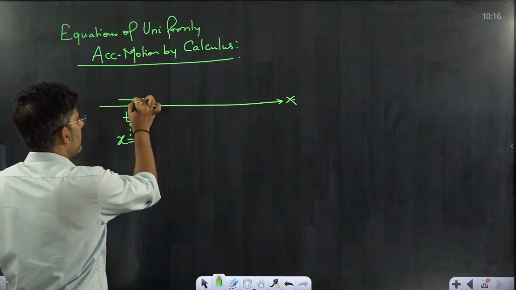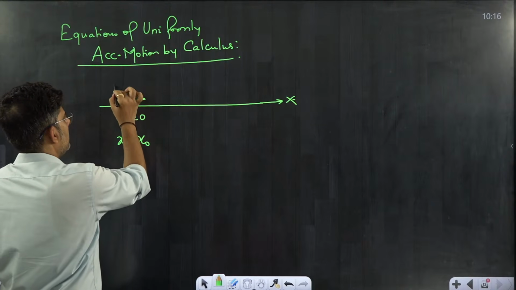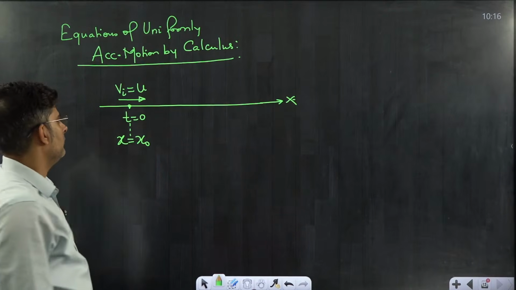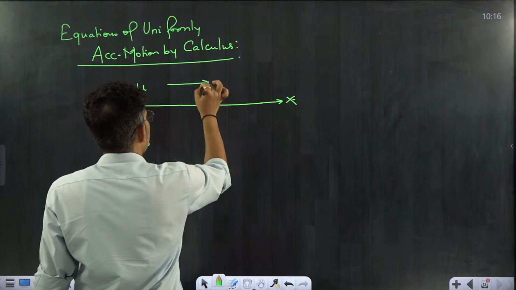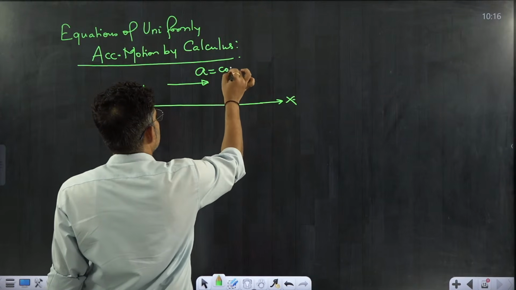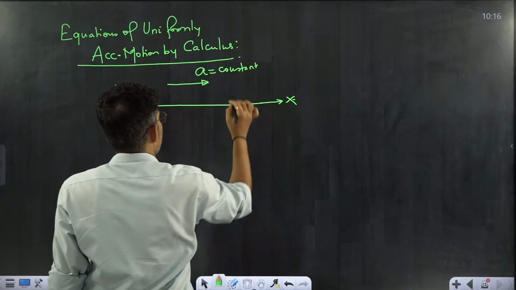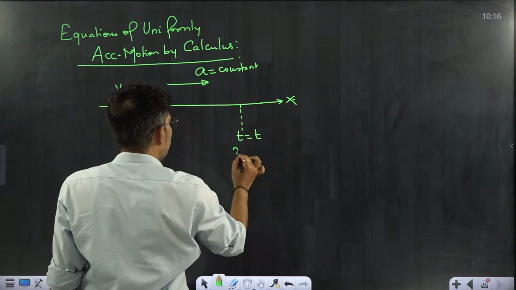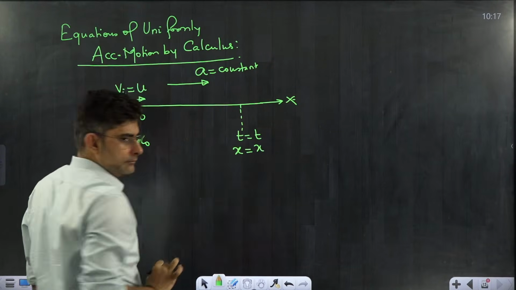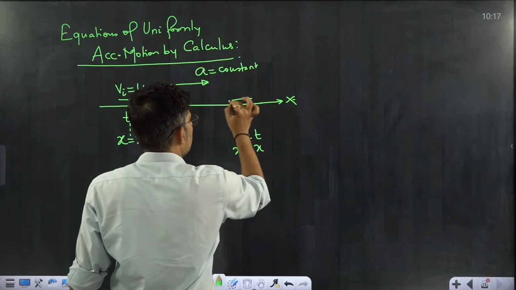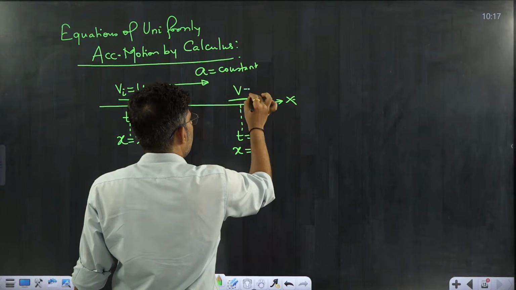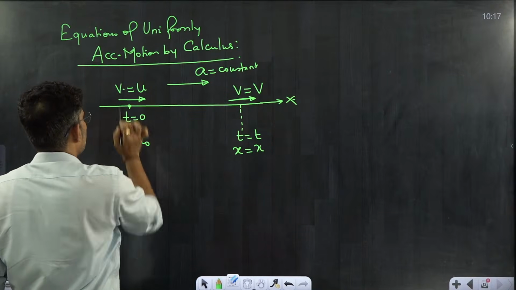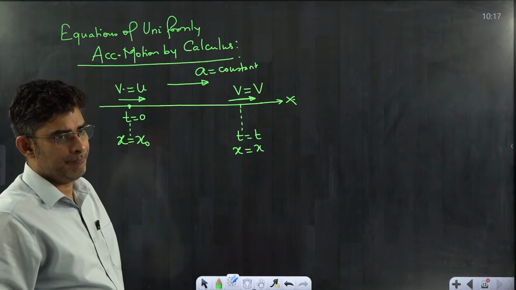Here it had a velocity, this velocity over here, initial velocity, let's call it u. Now it is having a constant acceleration. After some time, at t equals t, it reached a position, let's call it x. And here, let's take the velocity as v. So initial velocity was u and here we are taking the velocity as v.